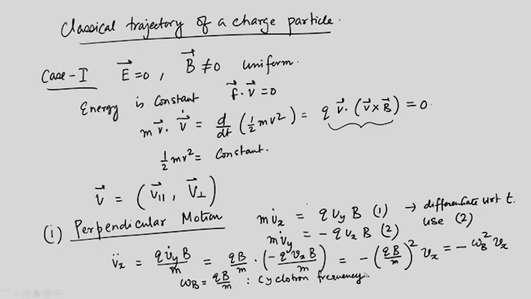So, just a quick recap, we are talking about no electric field, and a charged particle is moving with a velocity v, which has components Vx and Vy, and there is a magnetic field B. Because of the magnetic field there is a Lorentz force, and in this particular case we know that the energy is constant because F dot V equal to 0, and now we are analyzing the motion by writing down the equations of motion.